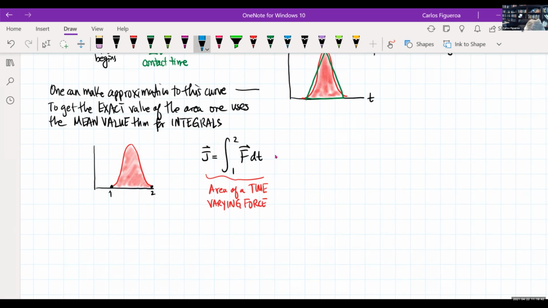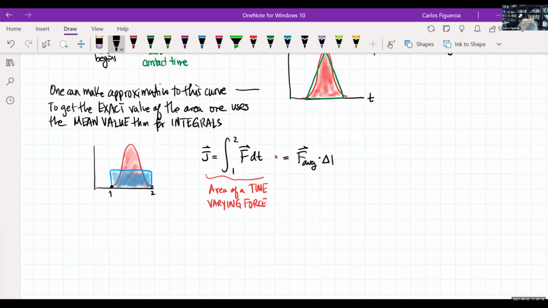So the average force is this here. So I look at the area of red. I need to recreate the exact same area. And let's say that this is the exact same area. So then I create a rectangle. And that rectangle in blue has the exact same area as the impulse curve in red. So when I look at this guy, what the mean value theorem says is that I can get something called an average.